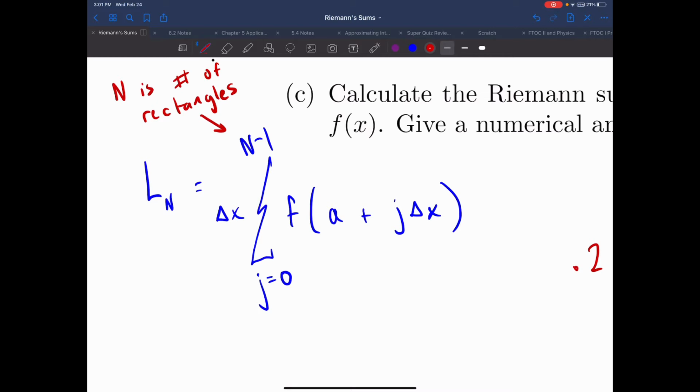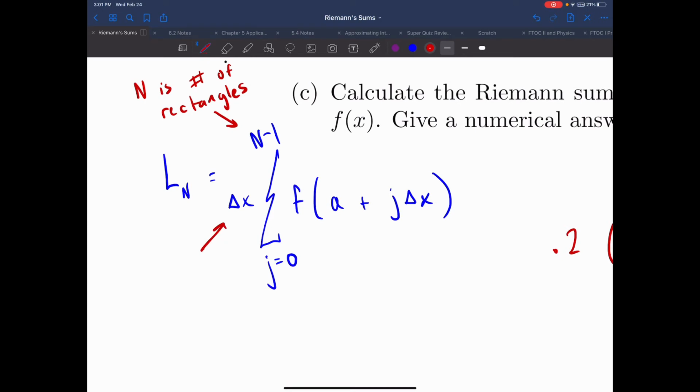J would represent, it's an index number, so we're going to count up 5 rectangles. And so J is going to start on 0, and we'll count up 0, 1, 2, 3, 4, because that's 5 altogether. 0 through 4 represents 5 different values. Delta X is the width of rectangles. Okay, and this part here is your function evaluated at a plus j delta x.